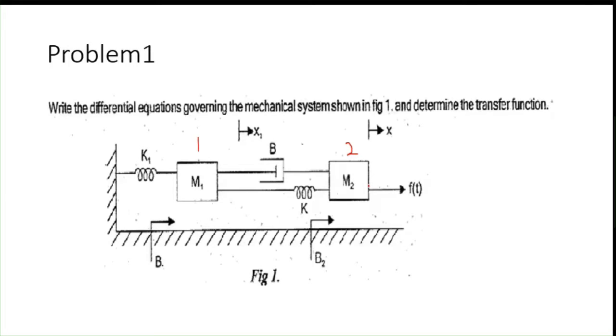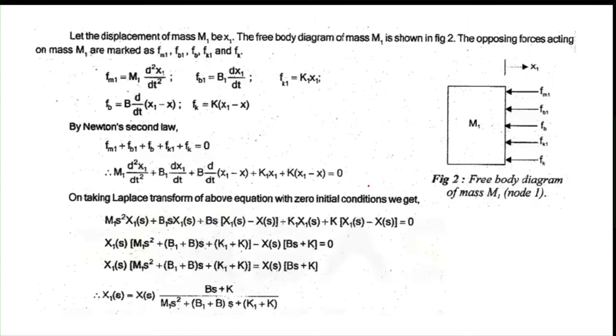In the last class we discussed this free body diagram of mass 1. Do you have any doubt regarding the free body diagram, how to draw it, how to identify the directions of forces? No, sir. Okay, it is clear. From this free body diagram we can write the force balance equation.